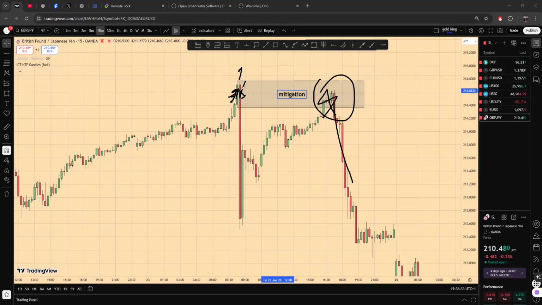But when you notice that they bought here and then they sold this way, breaking structure to the downside, that simply means the market has shifted. So we understand that their intention is actually to push price down. Then we wait for the mitigation leg, and when it comes for mitigation, this is where we join them.